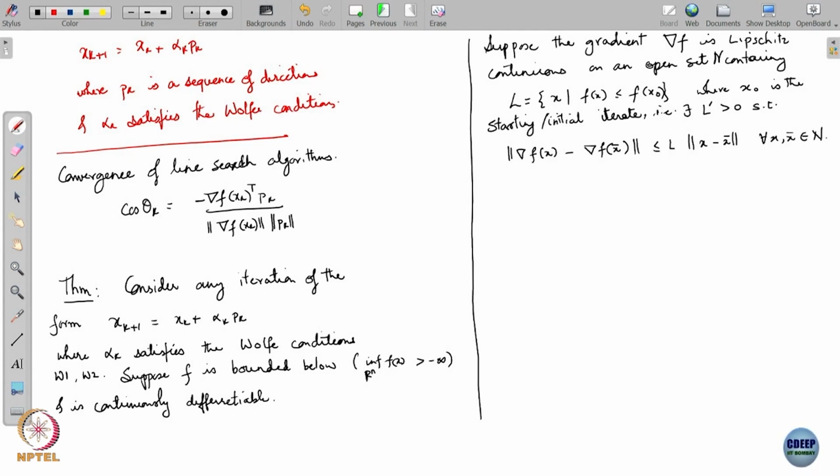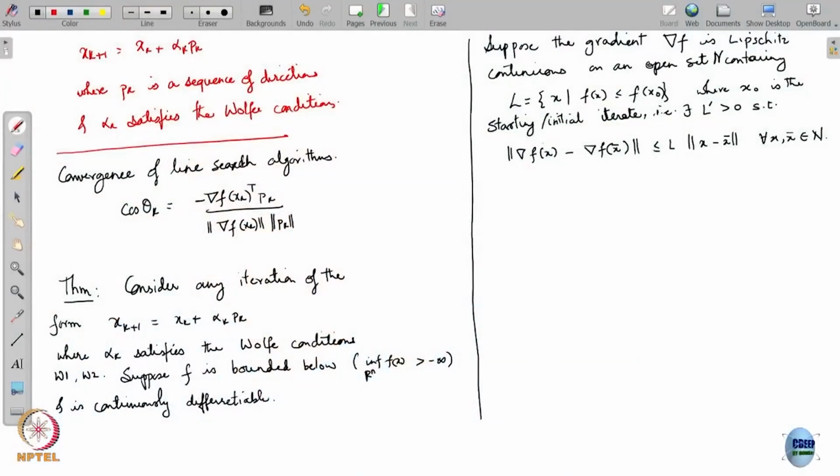L is a level set: starting from x_0, take all the x's that give you a better, lower value than the one you are starting with. That entire region is called the level set, your set L. And we are assuming that the gradient is Lipschitz on that set.